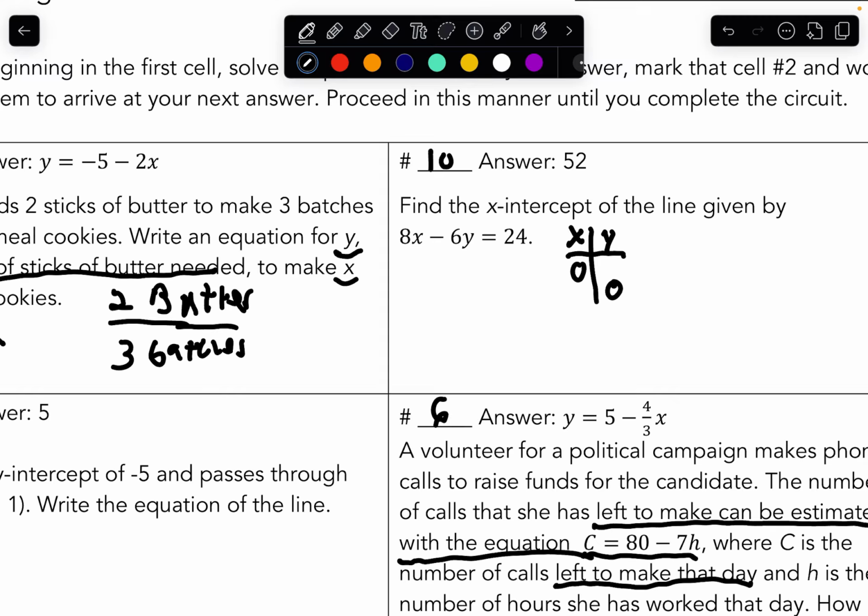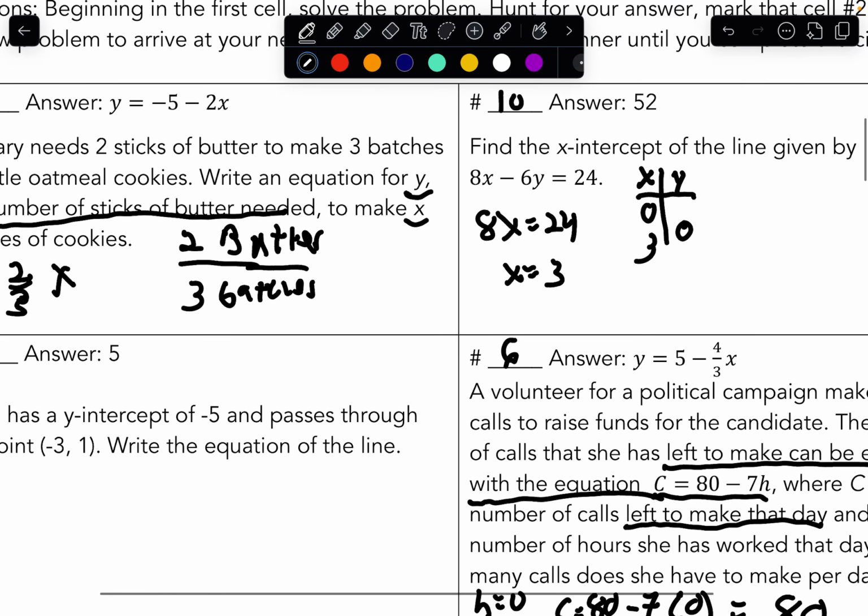The x-intercept is when you let y equal 0 and solve for x. So we kill this, and you have to solve 8x equals 24, or x equals 3. So the x-intercept is 3. Do you understand why I scribbled out the 6y? Because y is 0. 6 times 0 is 0, so we just ignore it. So now we're looking for the answer 3.